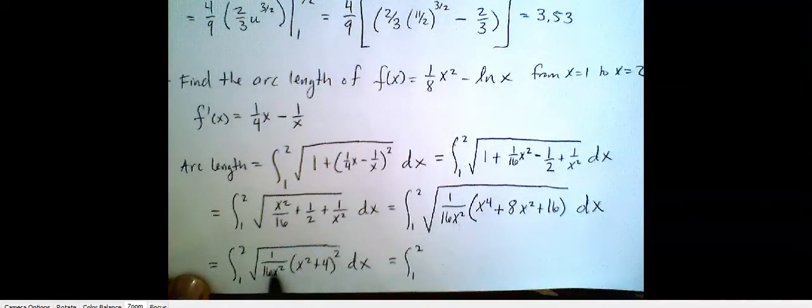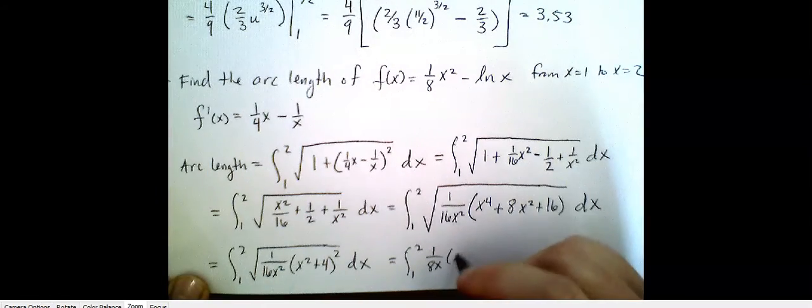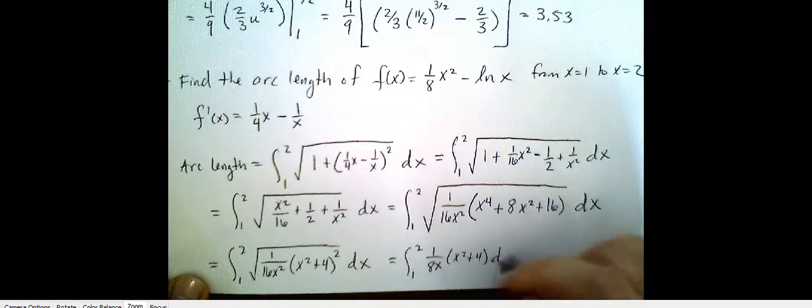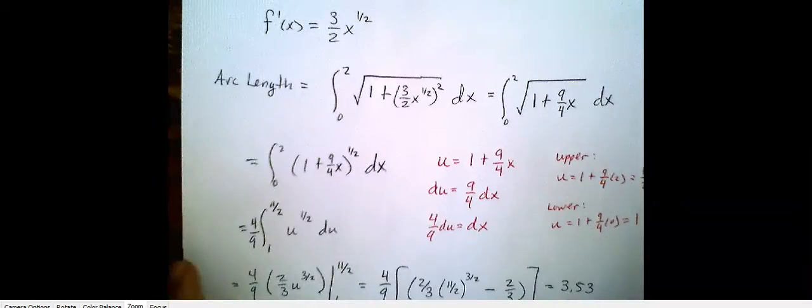Note both of these things can be square rooted, so I'll get 1 over 8x from that, and then just x squared plus 4 from that. So one last simplification gives us (1/8 x plus 1 over 2x) dx.